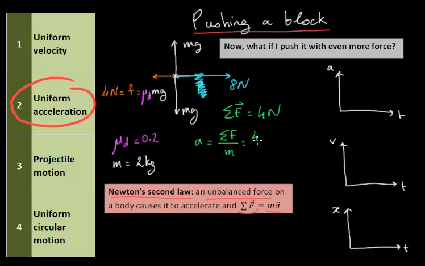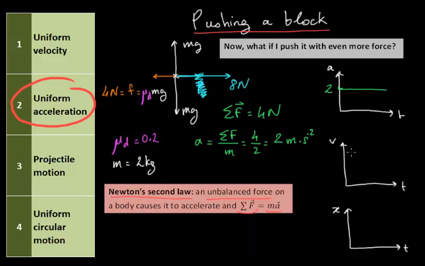In this case, 4 newtons divided by 2 kilograms. So I obtain 2 newtons per kilogram, also known as 2 meters per second squared. So we have a constant acceleration of 2 meters per second squared, and this is why in this situation we talk about uniform acceleration. And if we had to draw the a-t graph, it would be a straight line, in this case with an acceleration of 2.